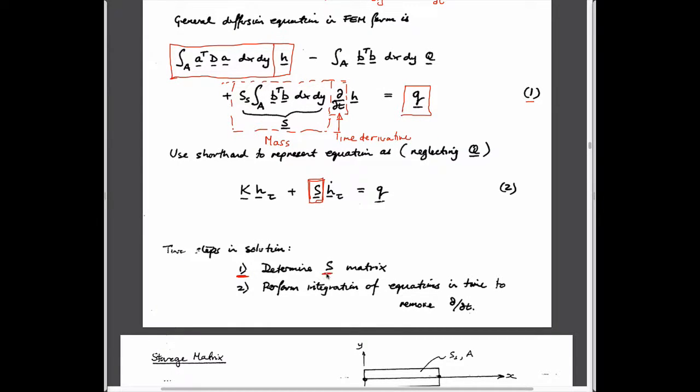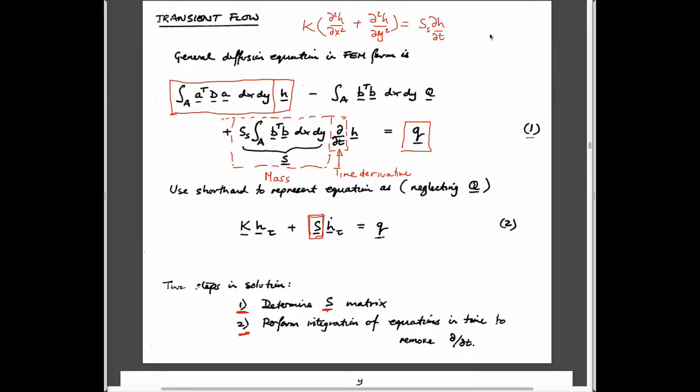Figure out what the mass matrix is first, and then figure out how we solve these equations now, because the equation clearly is no longer going to be something of the form Ax equals b, because we have a term here that defines it in time, but we can only really solve systems which are Ax equals b. So what we need to figure out in the second term is how we make this equation with this time derivative into something that looks like this, so that we can solve it straightforwardly using the methods that we've talked about already. So that's our task.